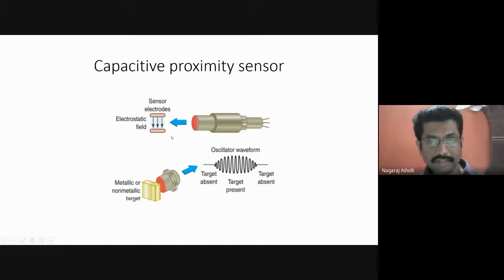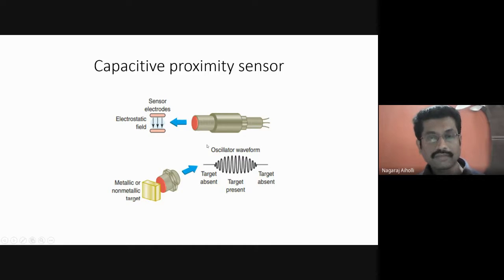The capacitive proximity sensor has plates, capacitor plates, two plates. Then it has the oscillator to generate the oscillations. Now, when the object, a metallic or non-metallic target, is brought nearer to this proximity sensor, then because of the nearness of the object, the voltage or the charges present on the capacitor plates will change.